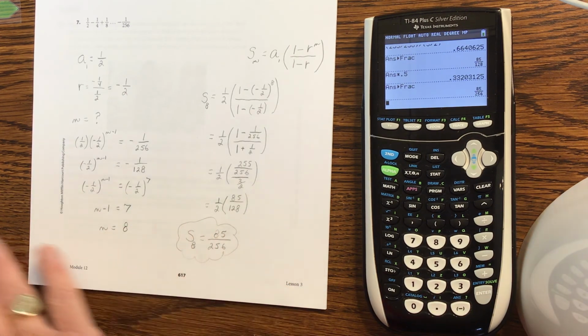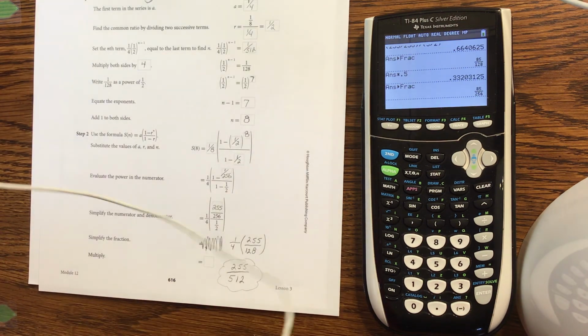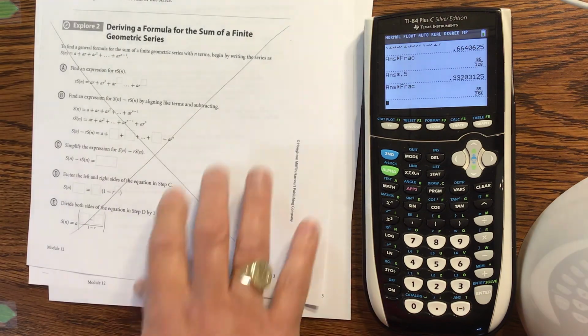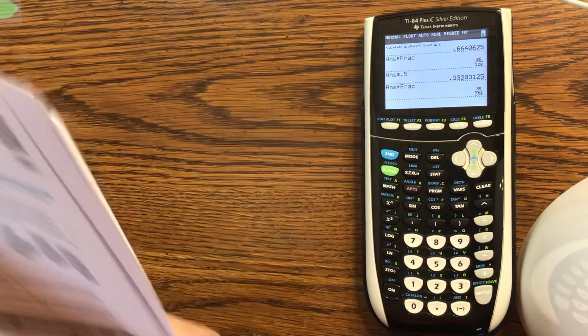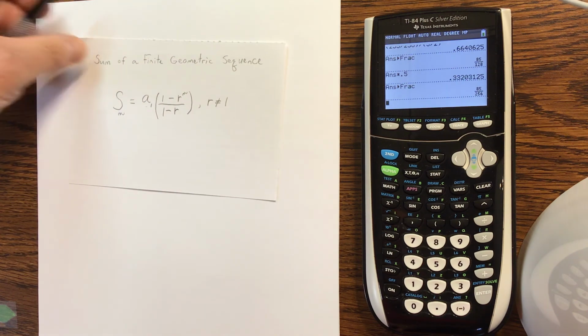All right, so quick recap. We are dealing with geometric series. Shuffling my notes around, making you guys all dizzy. Again, geometric series is this formula right here.